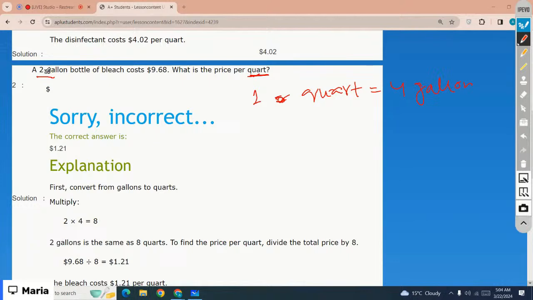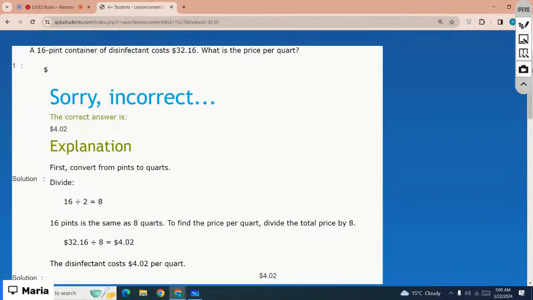Here it is for the gallons, you have to convert from gallons to quarts. So you have to do 2 times 4, which is 8. So that means 9.68 is the cost of the 8 quarts. You have to divide it by 8. That equals 1.21 as the price per quart. So you have to convert first and then calculate the price.